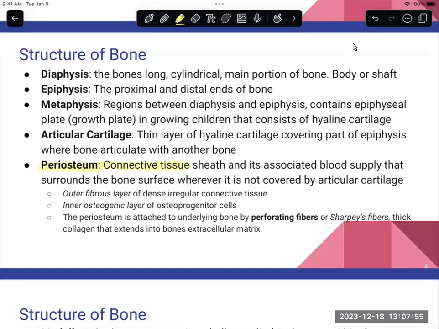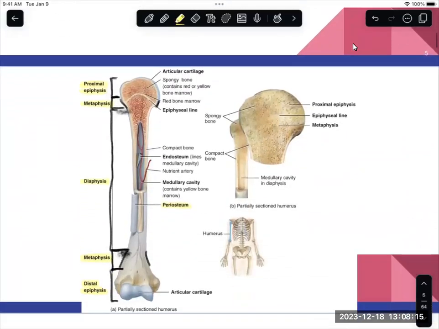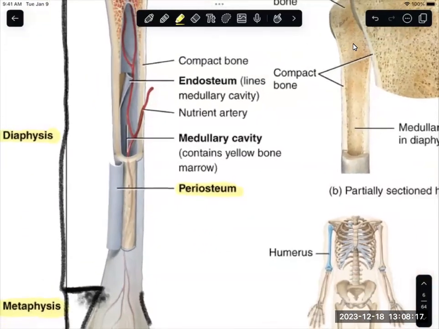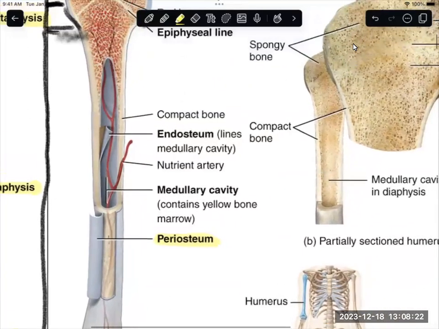Well, bone is made up of connective tissue, but there's other connective tissue that surrounds that bone. We have what are known as perforating or Sharpey's fibers that are holding that periosteum down to the bone. It doesn't show a very good picture of that here.